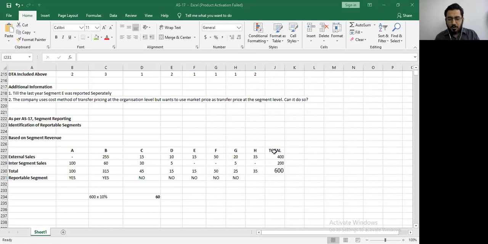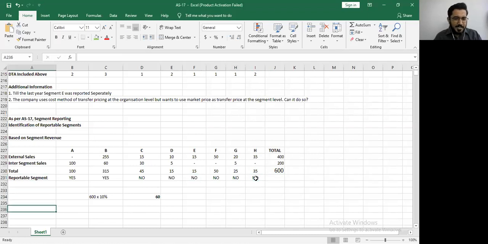And finally, what about segment H? Look at the question and tell me, do you need separate disclosures for segment H? Not required. So for segment H, no disclosures are required.